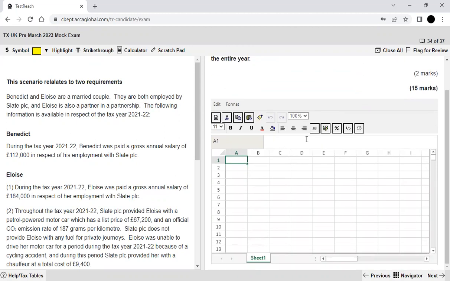First, before you start writing the answer, be very clear about what the requirement is about.